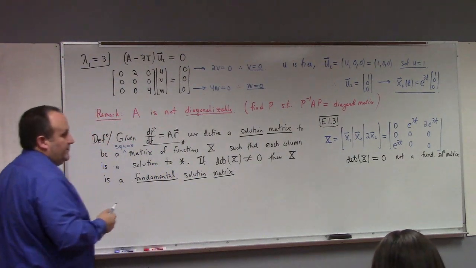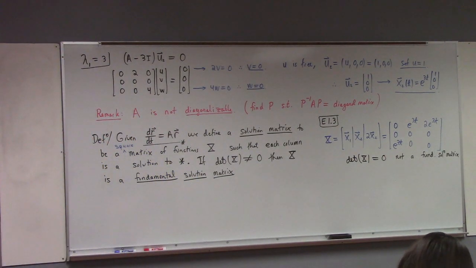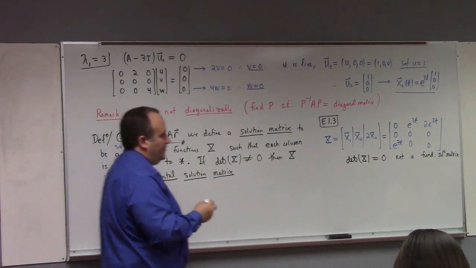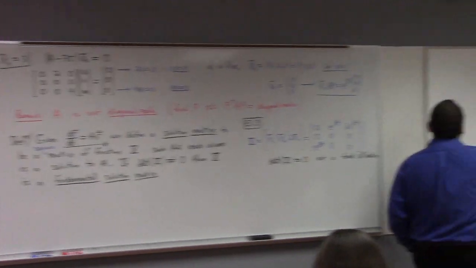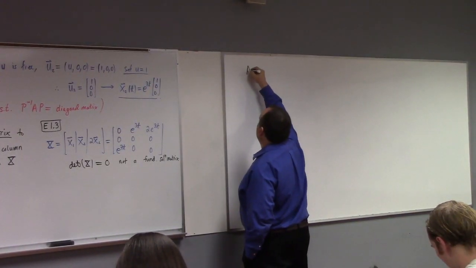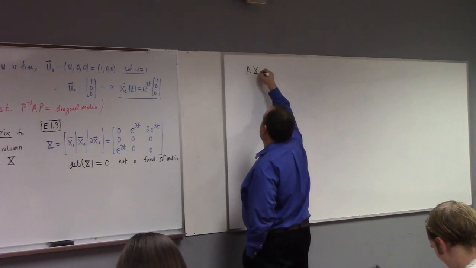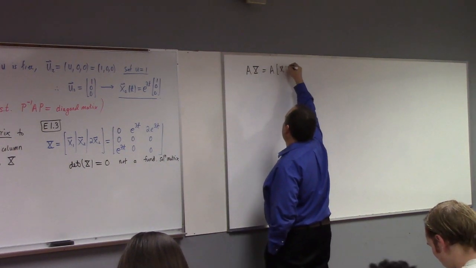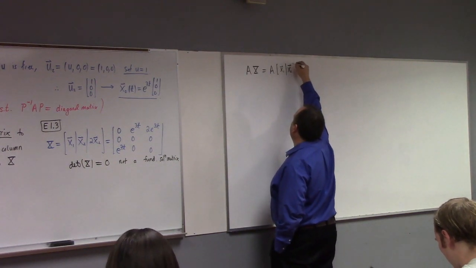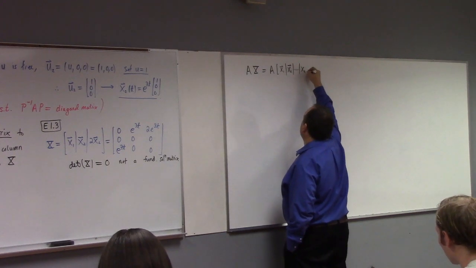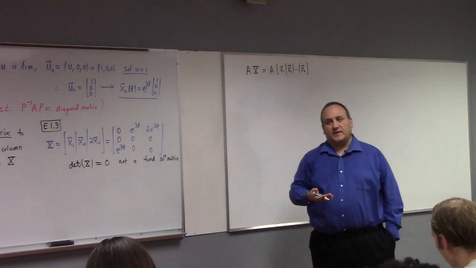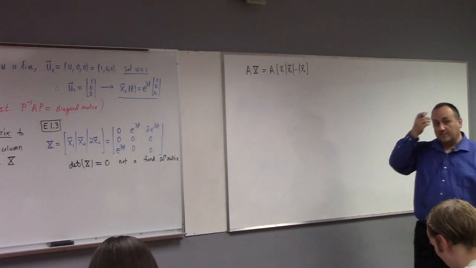Now, I need to also share with you a little bit of linear algebra here. If I have matrix A times x, where x1 is the first column, x2 is the second column, and so forth, xn is the nth column, the way matrix multiplication works is there's a column by column multiplication rule.